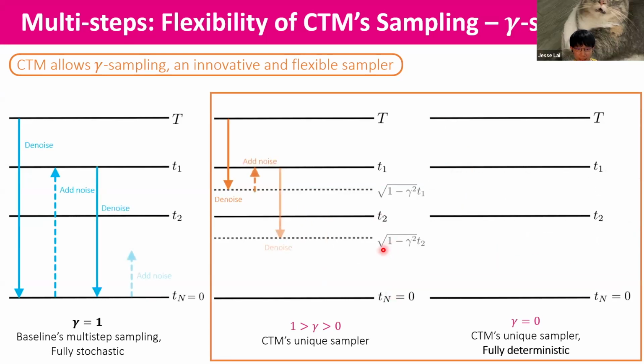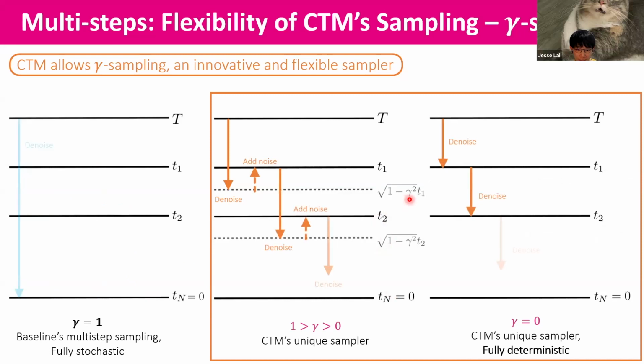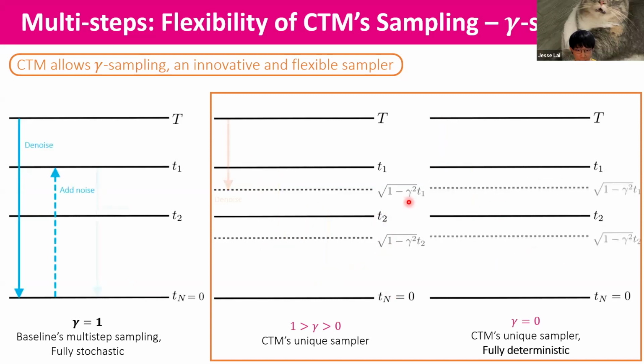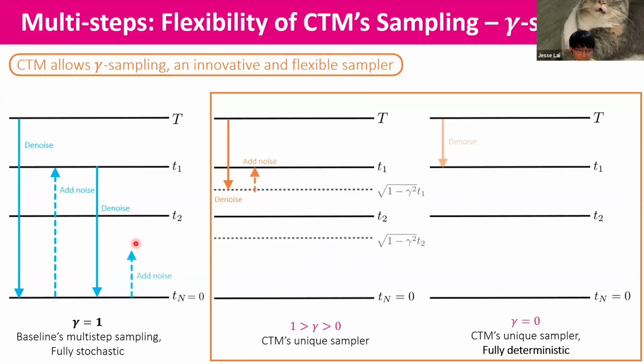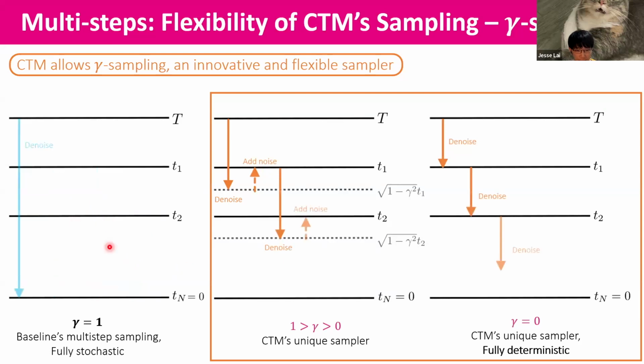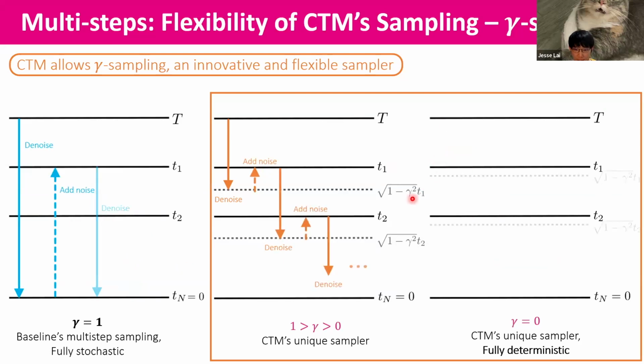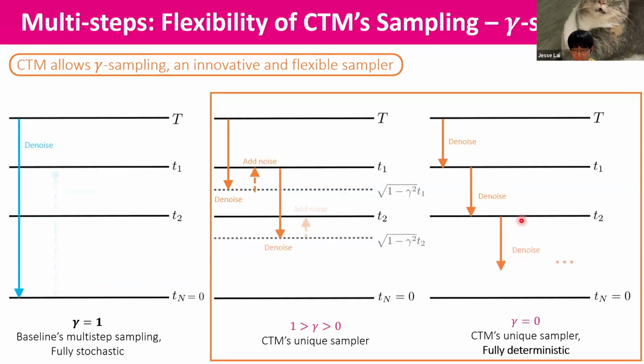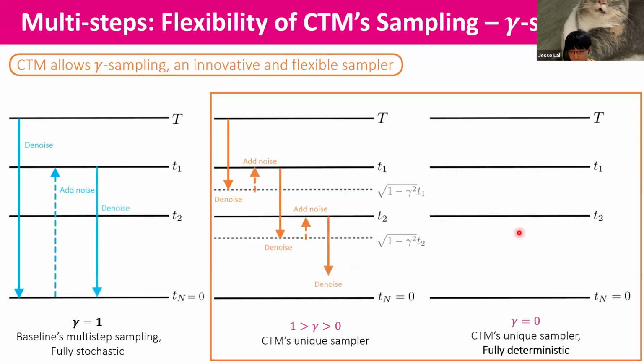So at the extreme case, you can see that when gamma is 0, then it contains the CM's multi-step sampling. However, when gamma is 1, it is the CTM's unique fully deterministic sampling.